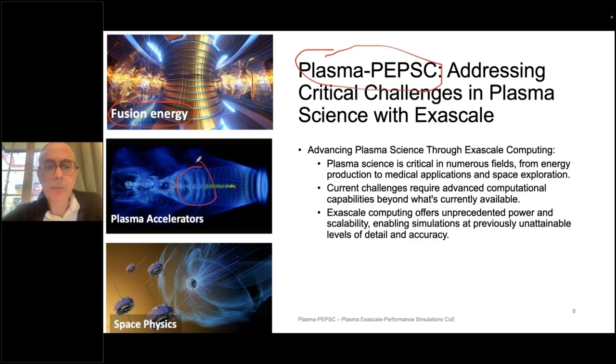And then we're also looking at the modeling of Earth's magnetosphere, so the interaction with the solar wind. So we have a use case related to space physics and space weather at large using the code Vlasiator.